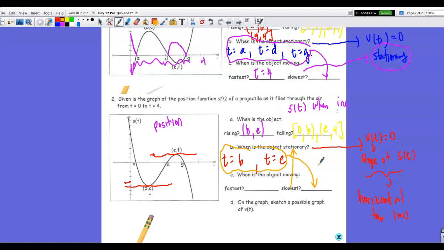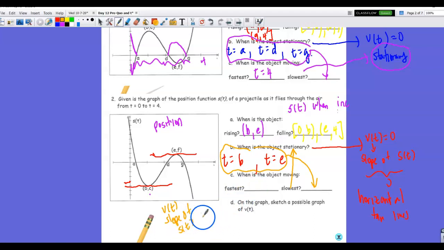Now we have a position function and we're trying to determine when the object is moving fastest. So we still have to consider the idea of velocity, and we know that velocity is the slope of position.